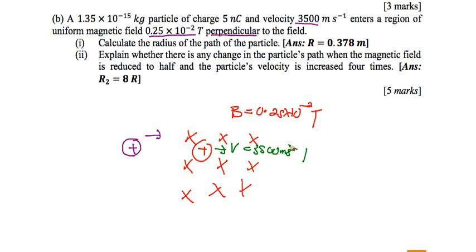With speed V of 3,500 meter per second, if you use the left hand, your thumb is the force, your first finger is the direction of B, and the second finger is the direction of V. This is 90 degrees. B is into the page, and V is to the right.